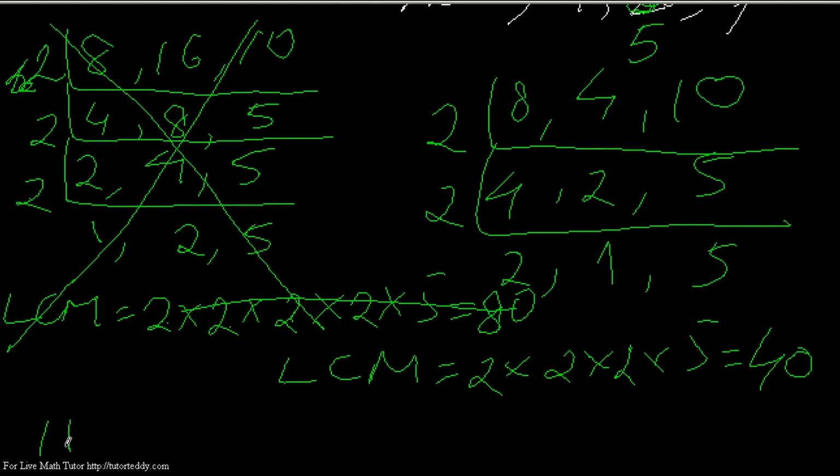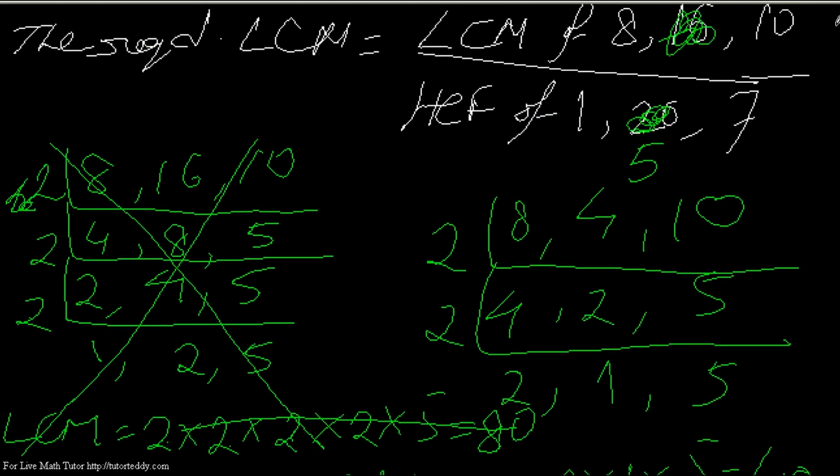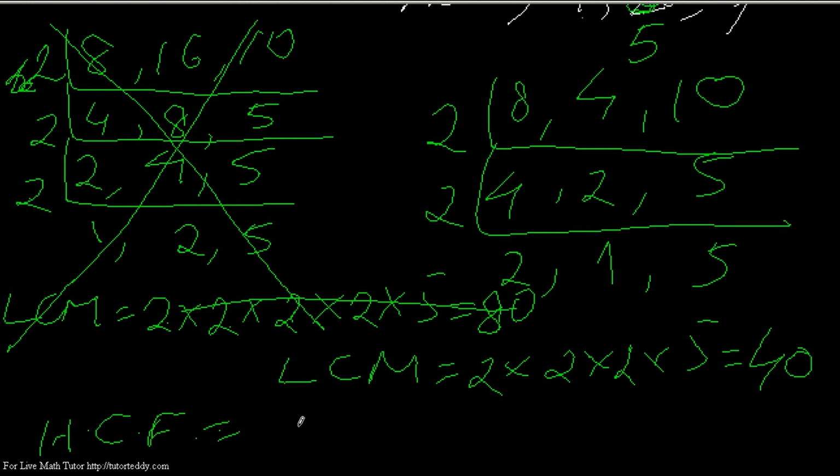And what's the HCF of those three numbers? Since the numbers are 1, 5 and 7, I can easily tell mentally that all three numbers are only divisible by 1. That means the common factor of these three numbers is 1, so the HCF is 1.